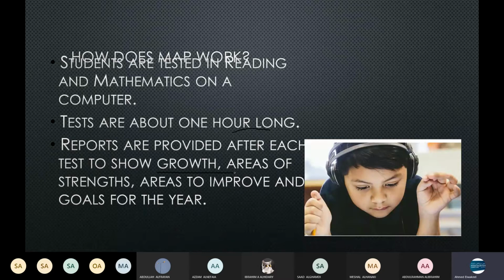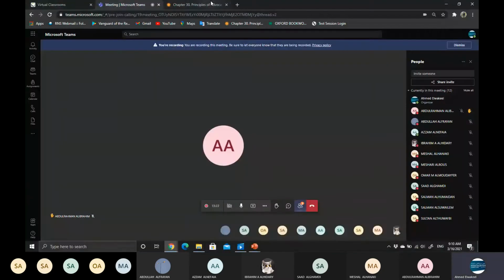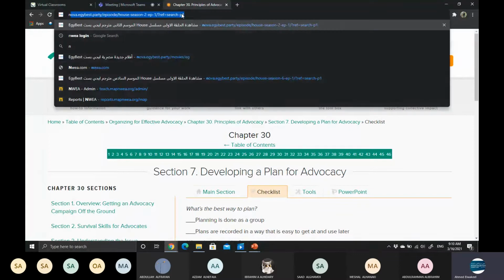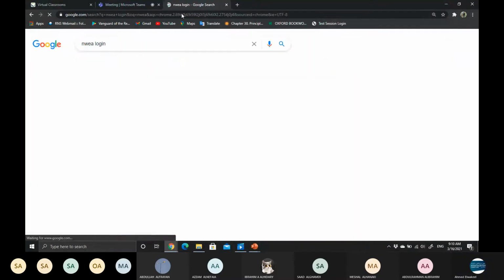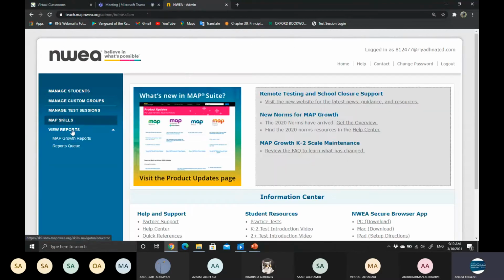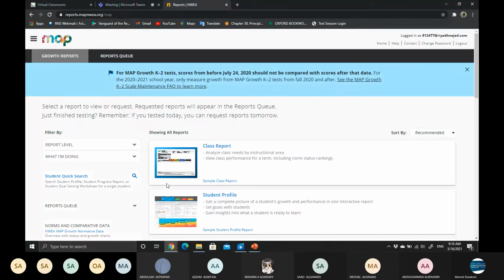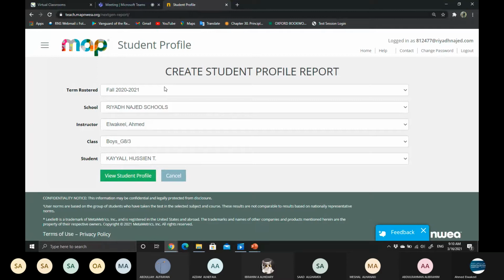So if you went to the MAP growth report, and let's see the student's portfolio.